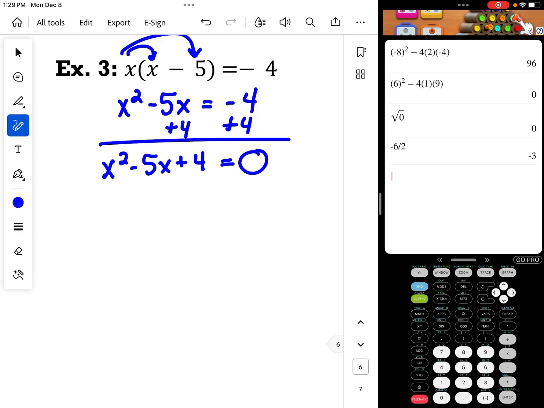All right, so it's your turn. Go ahead and identify A, B, and C, and then plug it into the formula.